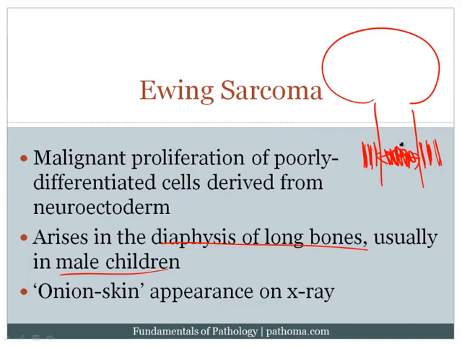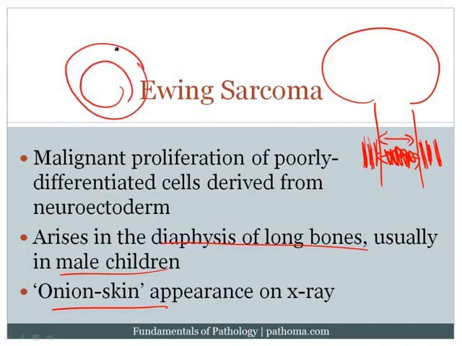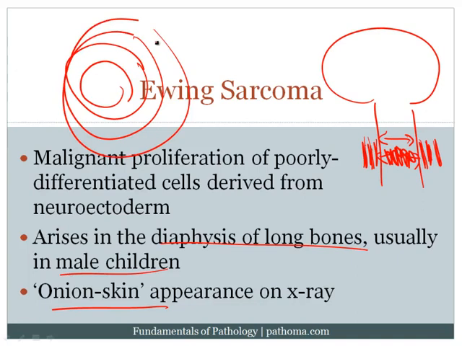And so as you put pressure on the surface of this bone with the tumor growing in it, the periosteum will begin to lay down layers of new bone. Now those layers of new bone will have an onion skin appearance on X-ray. Imagine if you looked at the bone head on, you would see sort of an onion skin layer, another layer, as the periosteum is being laid down, trying to protect the bone from this tumor that's growing inside.